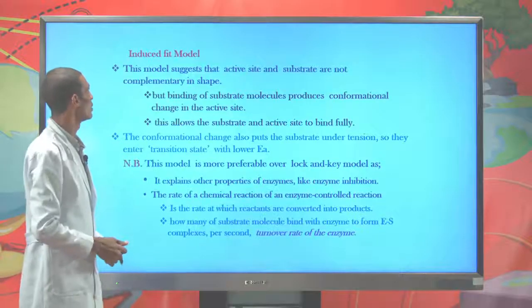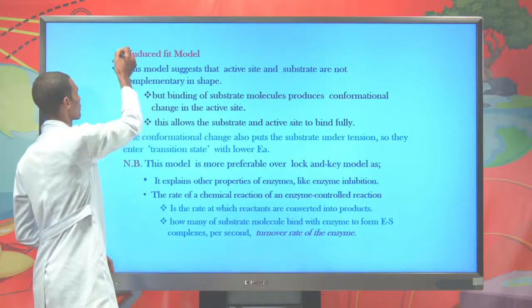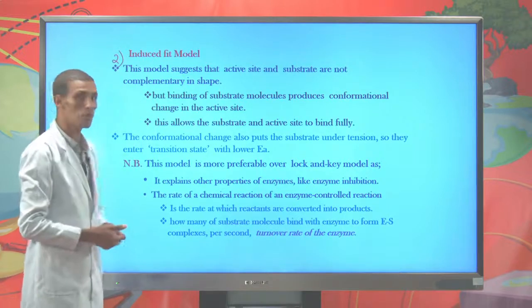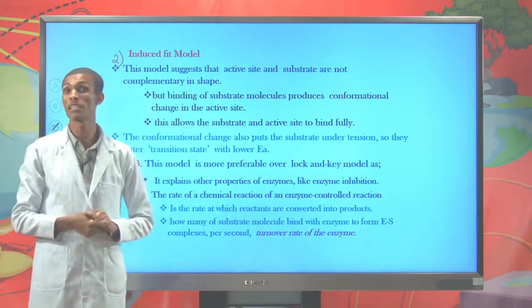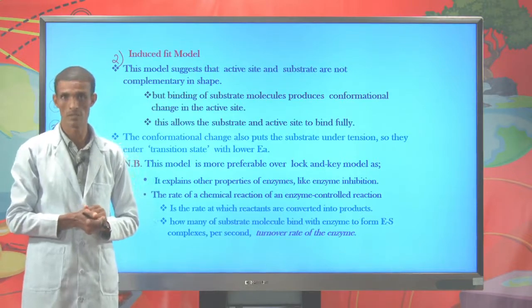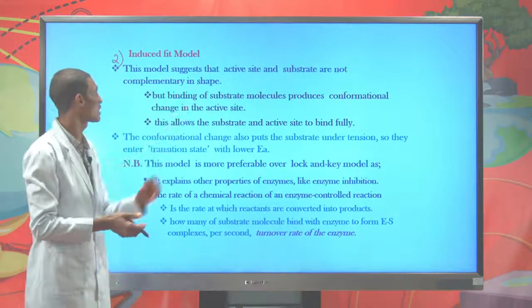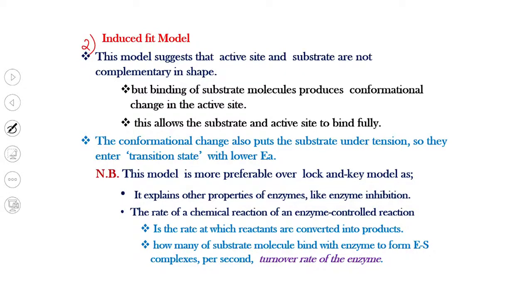Another model is the induced fit model. This is very important and more widely accepted than the lock and key model. This model suggests that enzyme substrate binding is not complementary initially, but the binding of the substrate brings conformational changes to the shape of the active site.